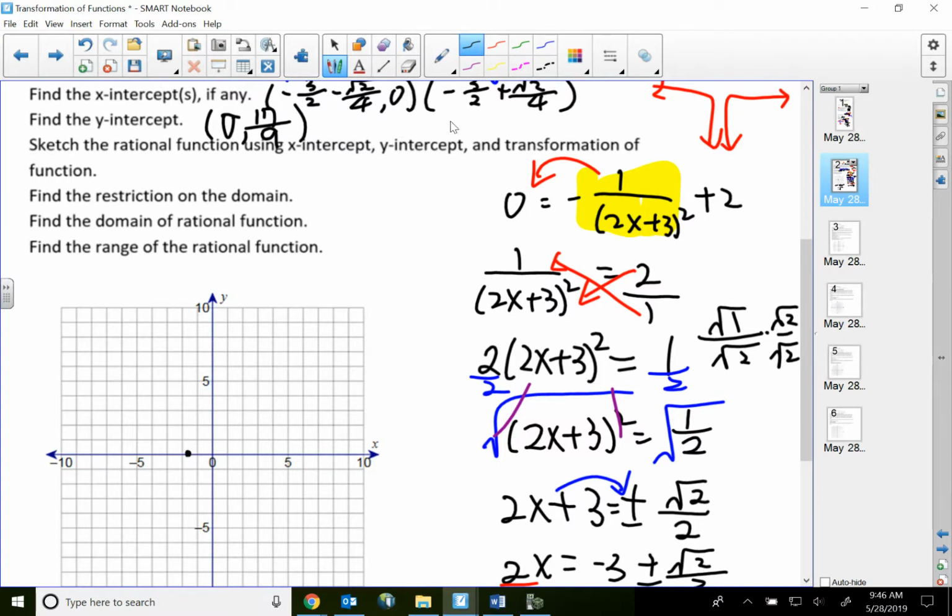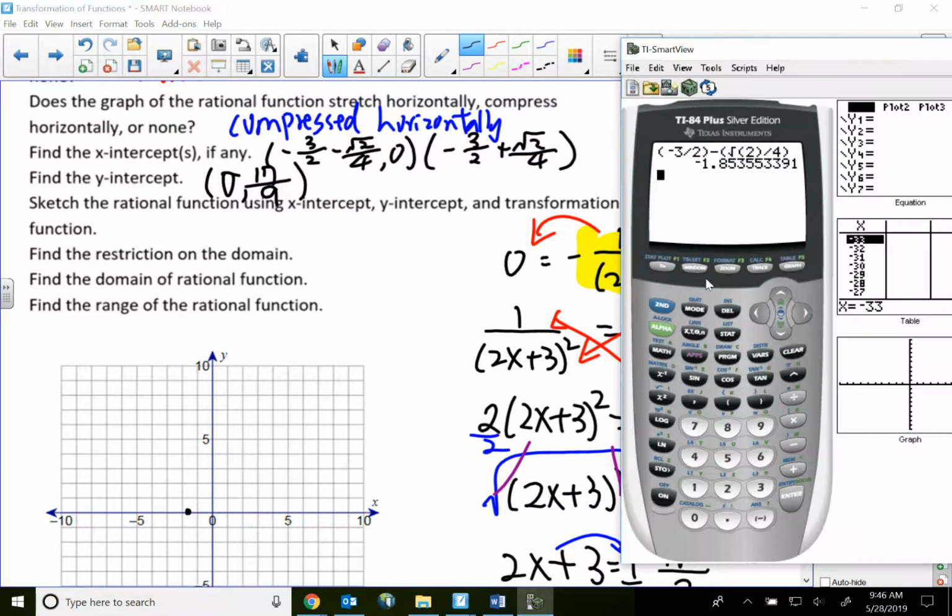The other one is the plus version of it, so all I'm going to do is change my sign to a plus. That's about negative 1.14, so a little bit bigger than negative 1.